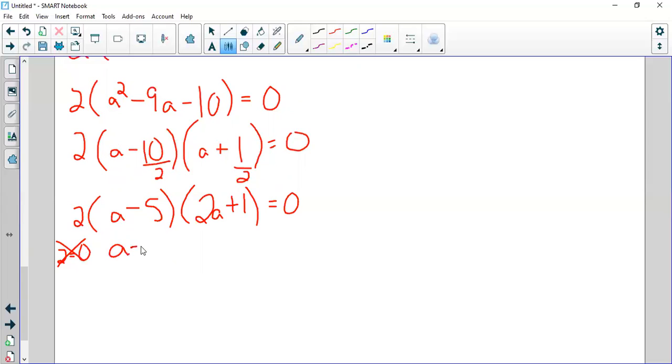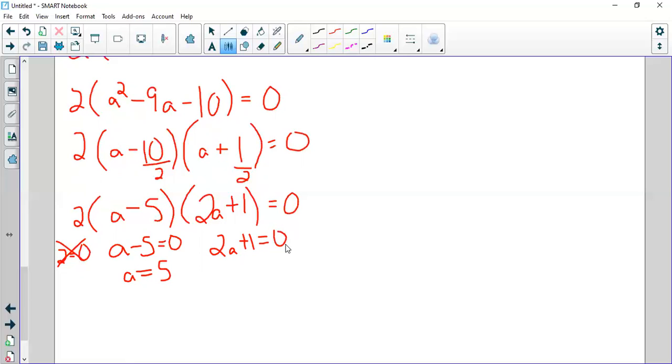So now I only have these 2 parentheses. So a minus 5 could be 0. Add 5 to both sides, and a would equal 5. Or if not, then the 2a plus 1 has to equal 0.